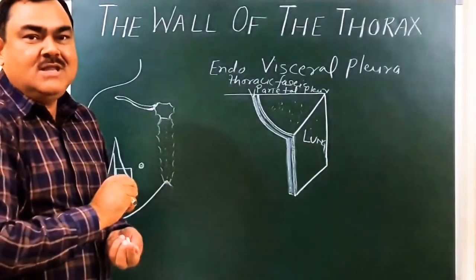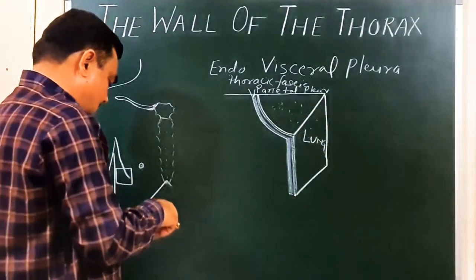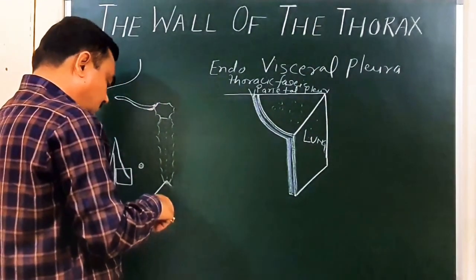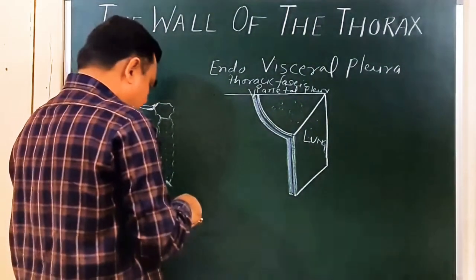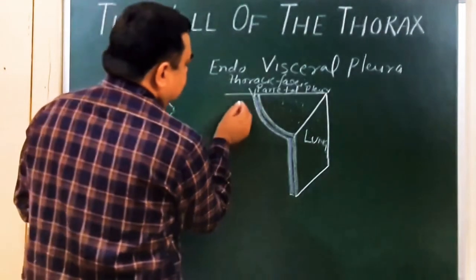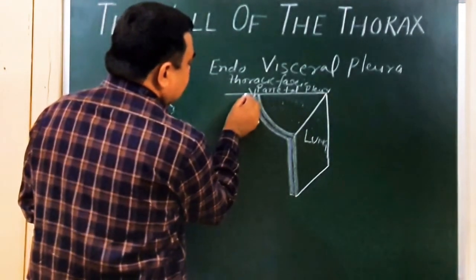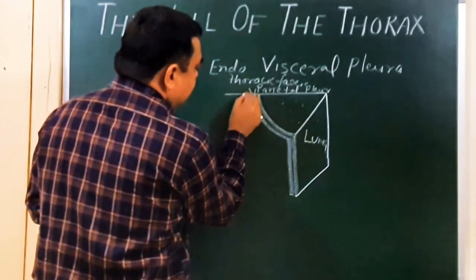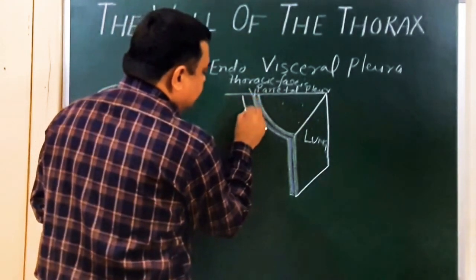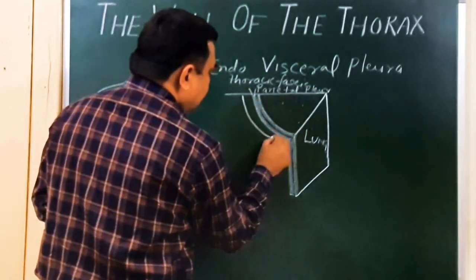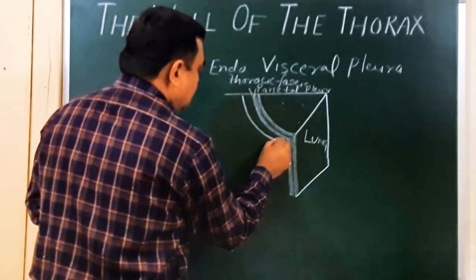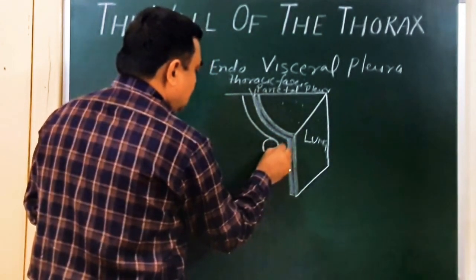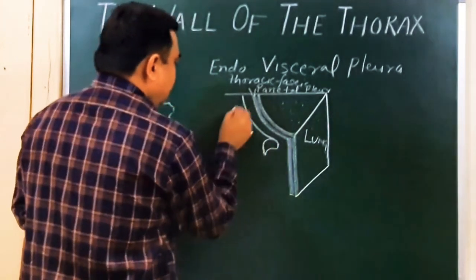This is known as the pleural space or pleural cavity. Then another layer is this, a rib.